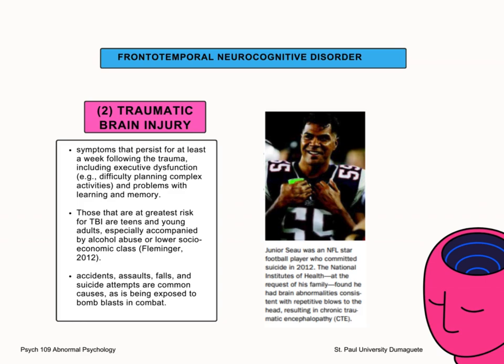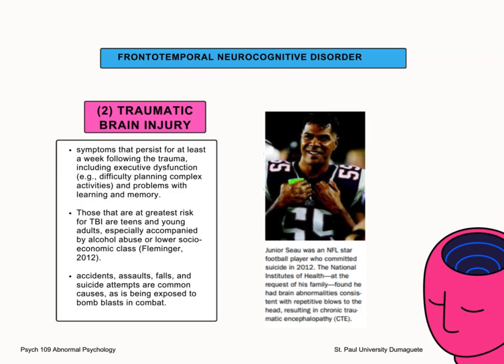Later studies by the National Institutes of Health concluded that Seau had chronic traumatic encephalopathy, or CTE, a brain disease that has also been found in other former NFL players. So basically, obviously, it's because of the nature of their games.